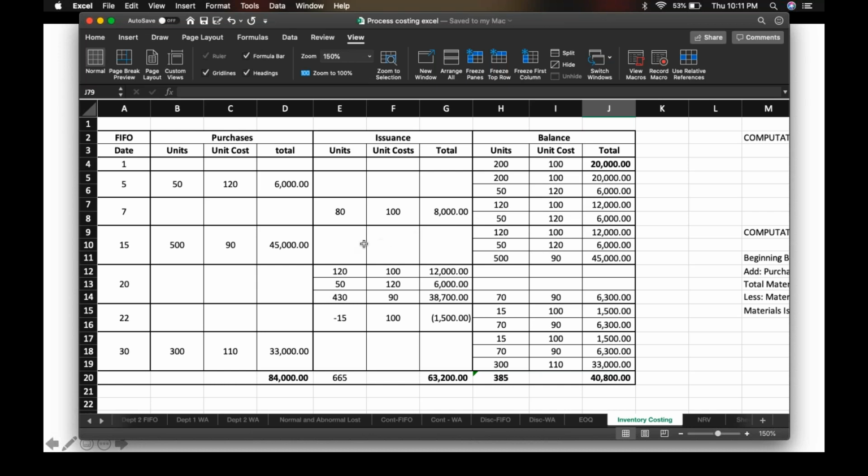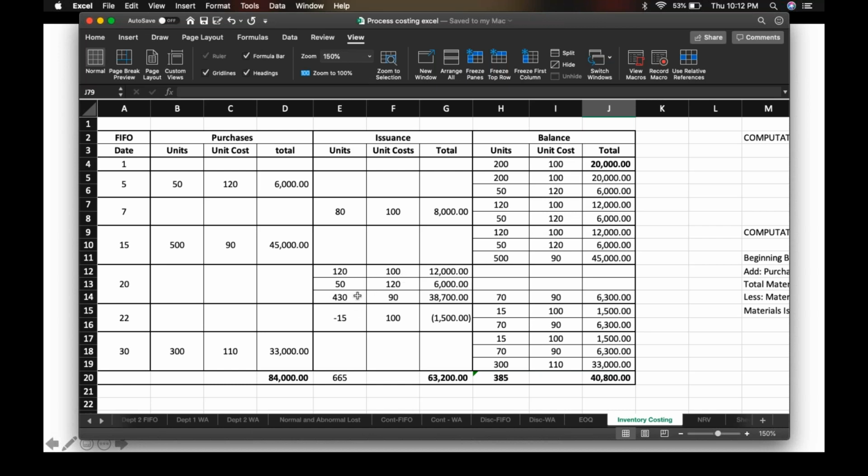And then for example, we have an issuance of 120, 50, and 30 for a total of 600 units. So how are we going to account for this issuance?